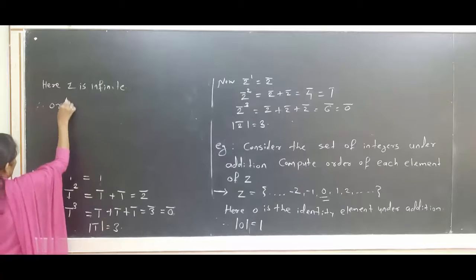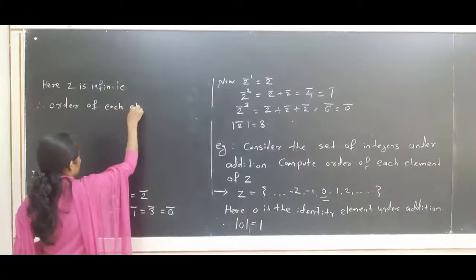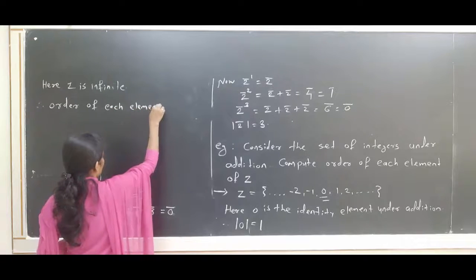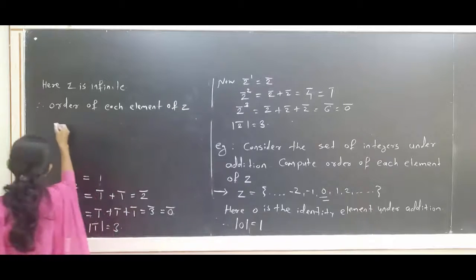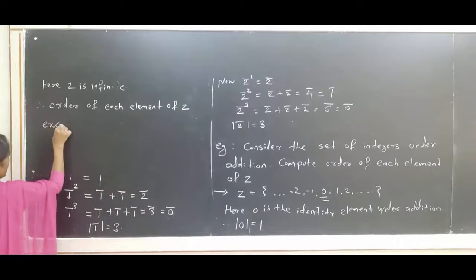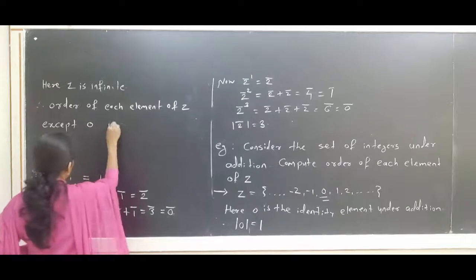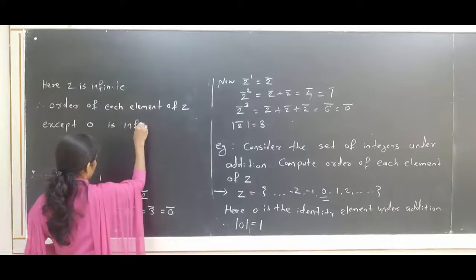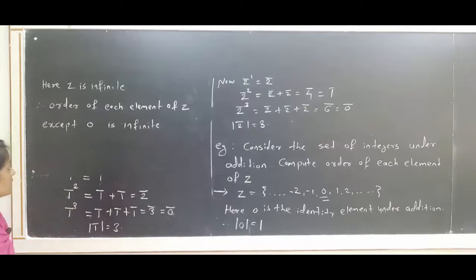Therefore order of each element of Z except 0 is infinite. Order of each element of Z except 0 is infinite.